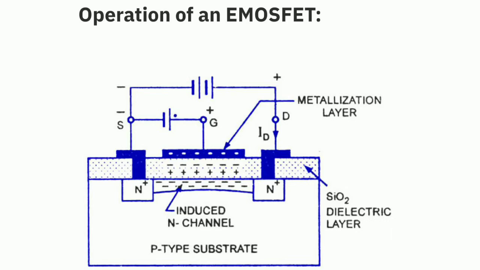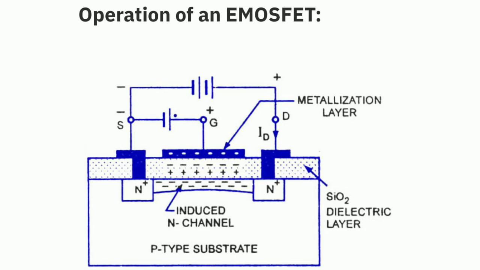When VGS is made 0, by connecting the gate, source and substrate terminals together to the ground terminal, a positive voltage source is applied between drain and source, as you can see in the figure. As there is no channel available for conduction, the drain current becomes almost 0, practically zero, and it is in the off state. That is, when VGS is equal to 0, ID is 0, that is, the drain current is 0.